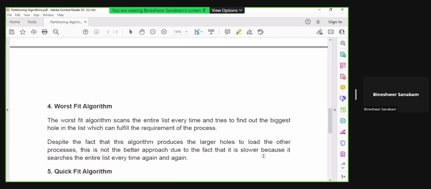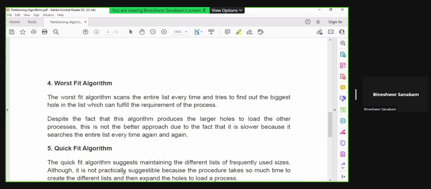So the next algorithm is the worst fit algorithm. It's just the opposite of best fit.